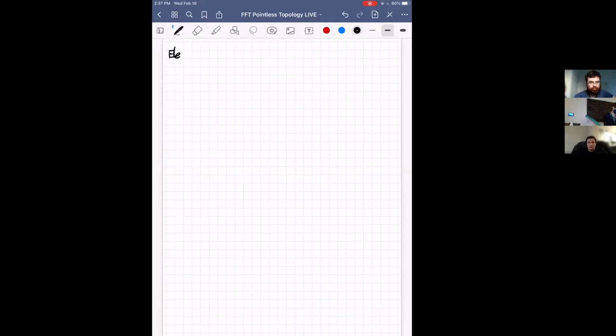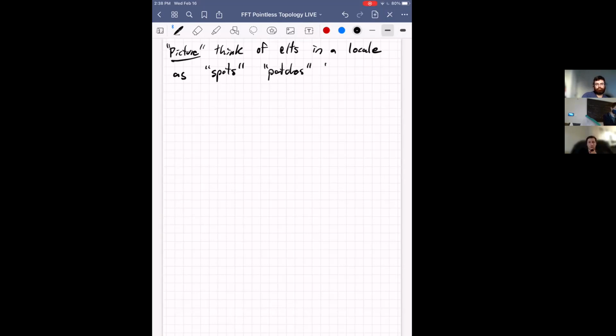And so maybe the picture is to think of elements in a locale as spots, patches maybe, or a word that people in topology always use, neighborhoods. So, right, we have that real line.